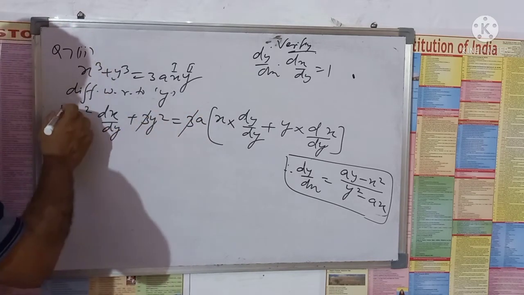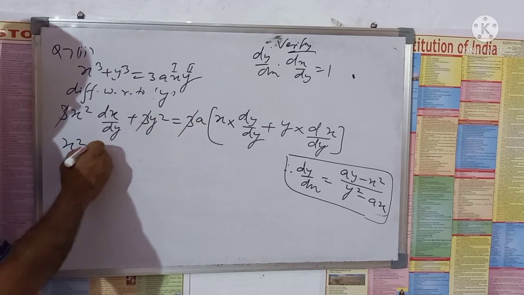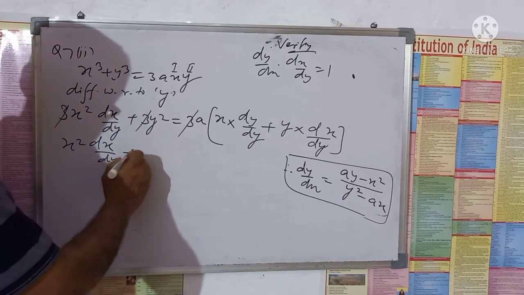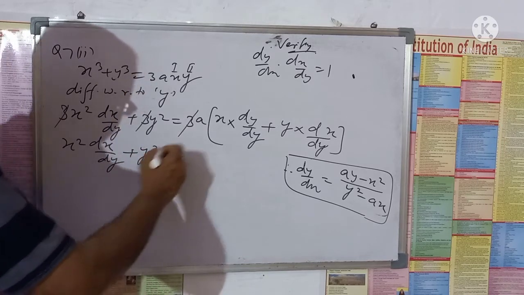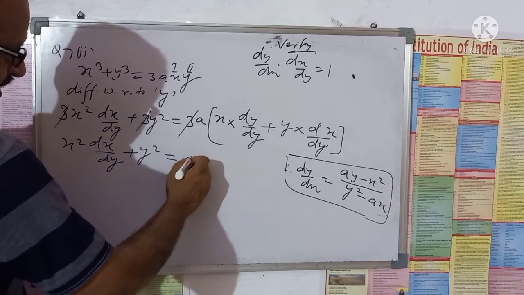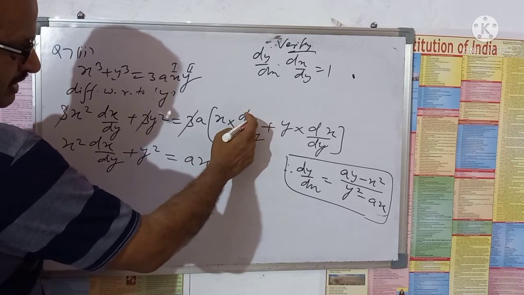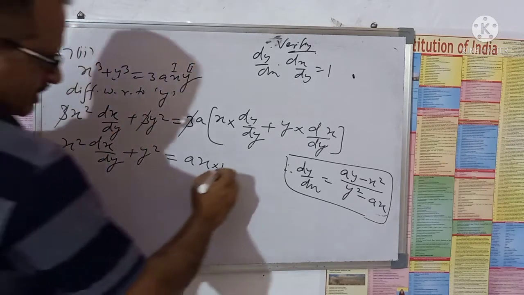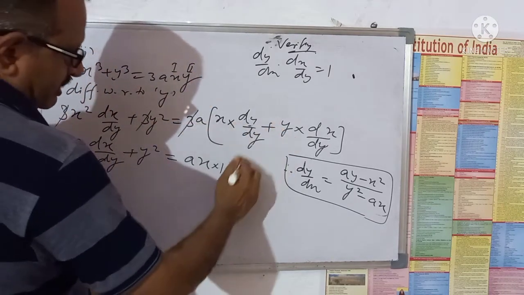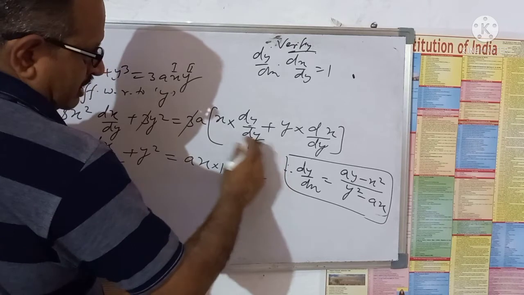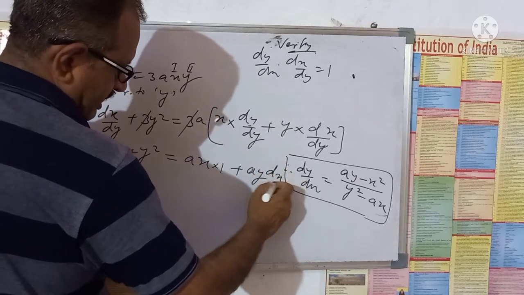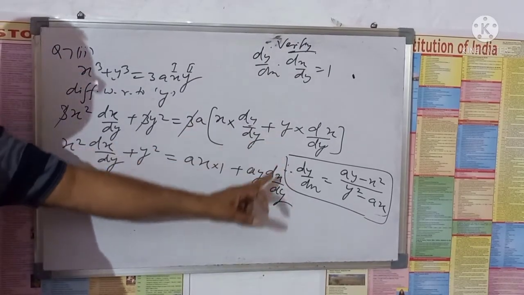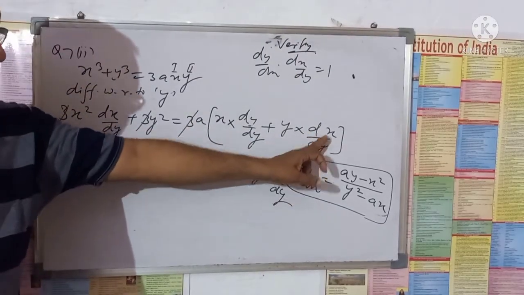So 3x square dx by dy plus y square. Open this bracket: ax into d by dy of y, which is 1, so ax into 1, plus a into y, ay, into dx by dy.